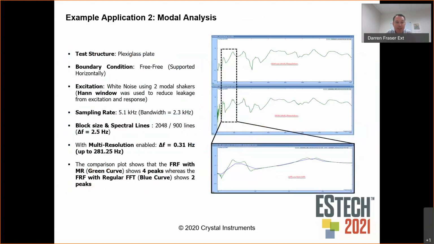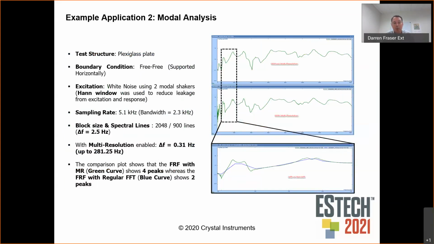Let's jump now to a second example. This is also a modal analysis example, but in this case we're using a plexi plate, or a plexiglass plate. Again, the boundary condition is free. We're hanging this plate. It's being suspended. The excitation in this case, though, is 2 shakers.